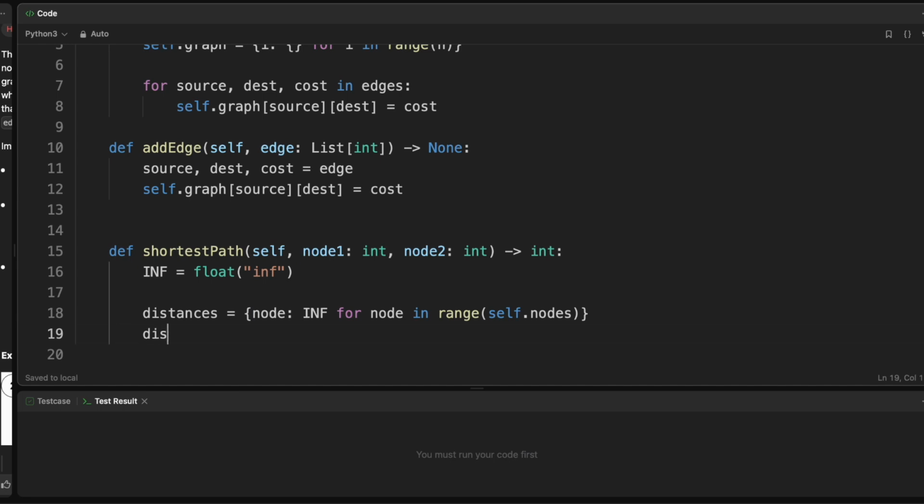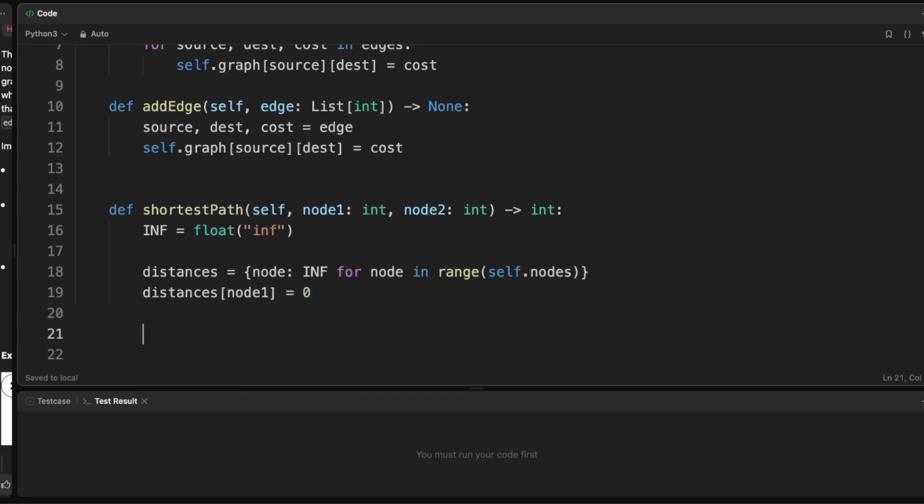Now we're at the source vertex, which is node 1. For that, the distance would always be 0, because we're trying to find the distances starting from this node. So this is going to be 0 in all the cases. Now we're going to use the priority queue or heap, and we're going to initialize it with the value 0 and node 1. The format is distance first, at the first index, and then we have the node.